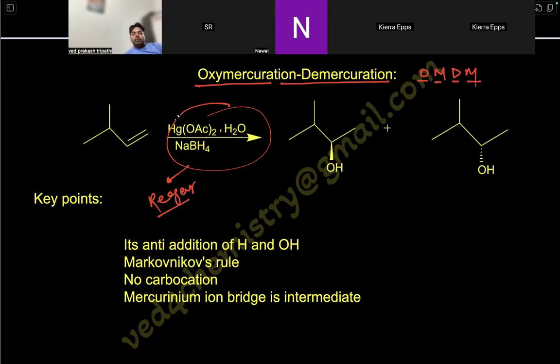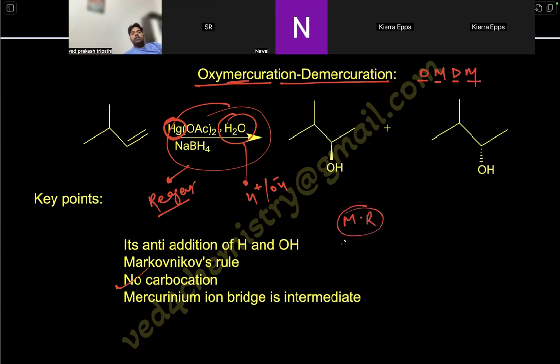And you can see there is a mercury. So you can memorize mercury means Hg, Hg means mercuration. Name reaction is mercuration. And here we have H2O. It means addition of H and OH. Overall, it is addition of H plus and OH and there would be no carbocation. Only Markovnikov's rule.